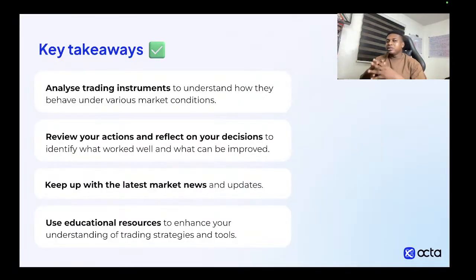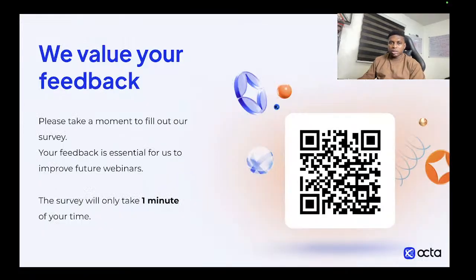One, analyze trading instruments to understand how they behave under various market conditions. Two, review your actions and reflect on your decisions to identify what worked and what can be improved. Three, keep up with the latest market news and updates. Four, use educational resources to enhance your understanding of trading strategies and tools.